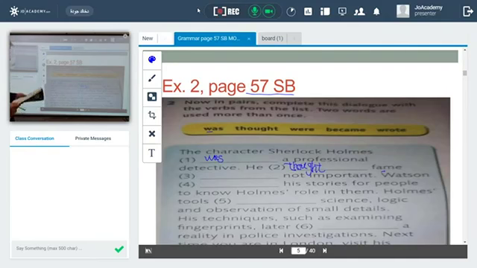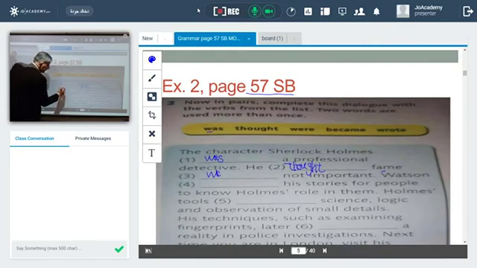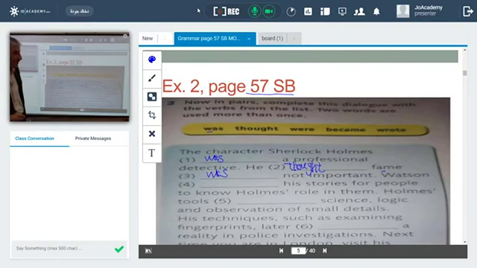Okay? So fame is singular. So we'll use what? We will use was. Was not important. So he thought that fame wasn't important.